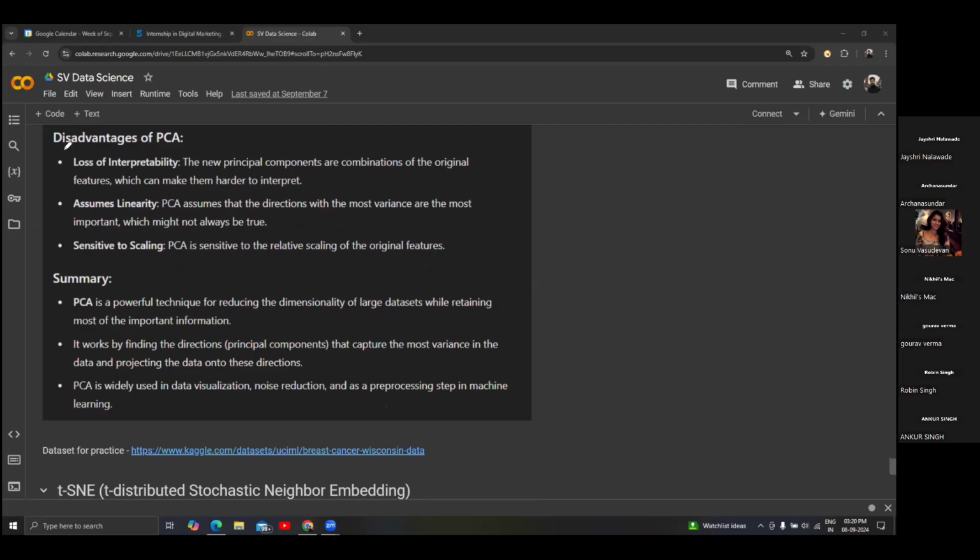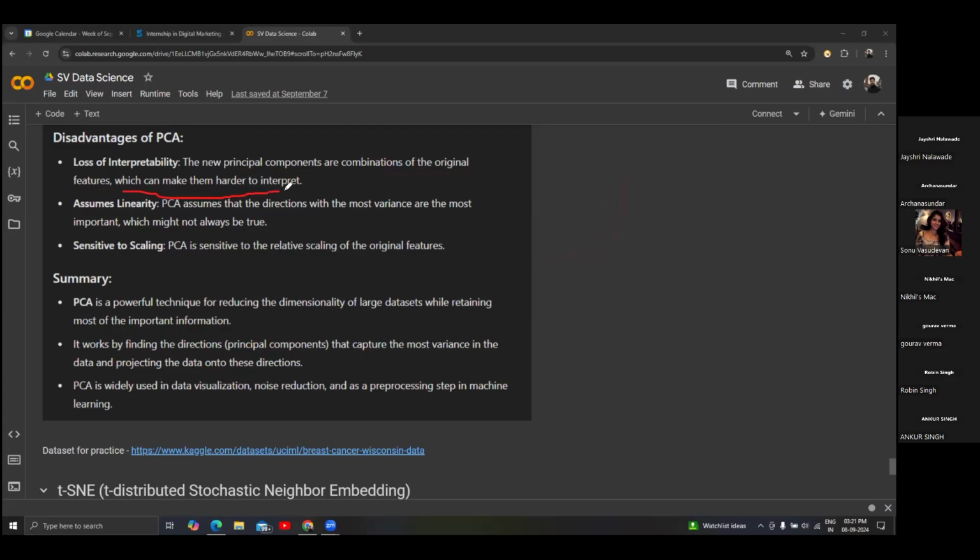But what is the disadvantage? We have some disadvantages of PCA also. Loss of interpretability: the new principal components are combinations of the original features, which can make them harder to interpret. A lot of features make one PC, so it sometimes becomes hard to get back.